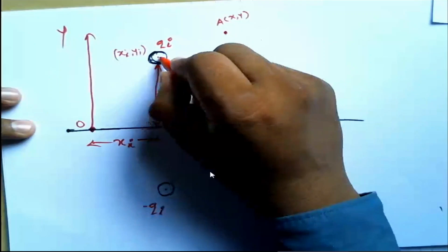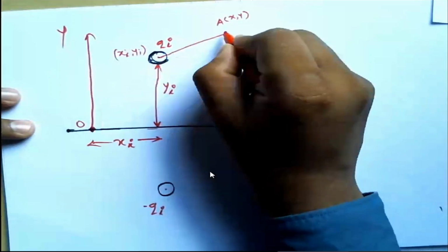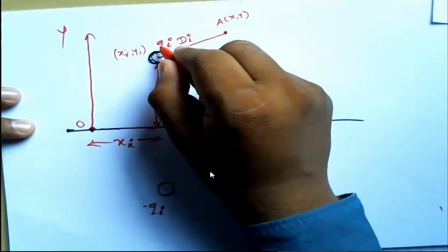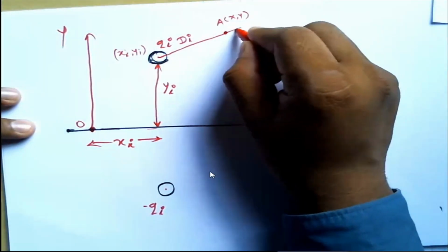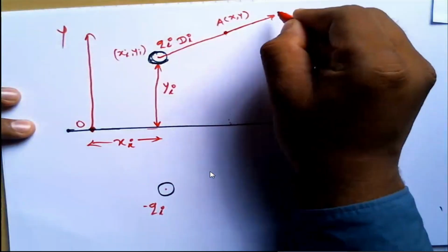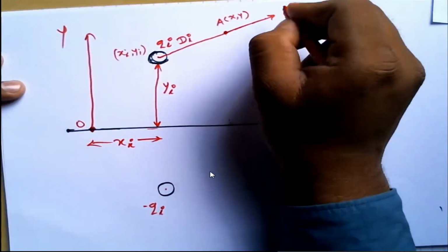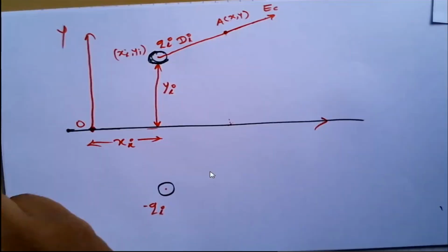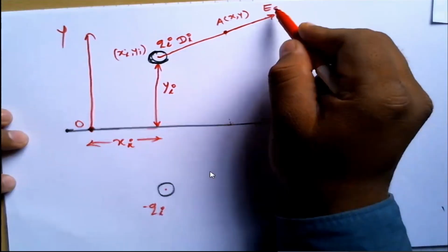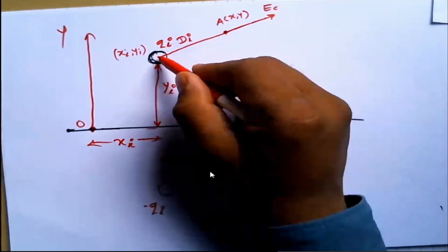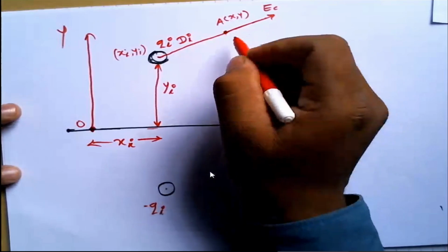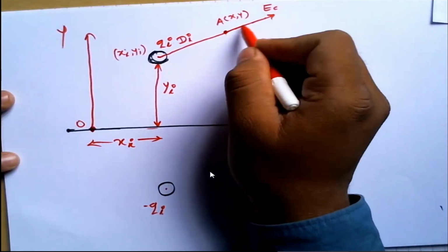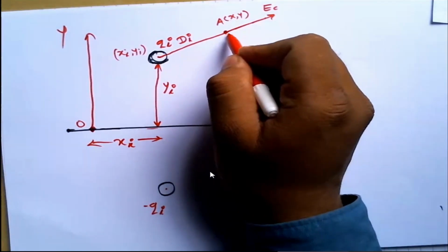So I will consider the distance between these 2 points from the positive charges, it is di, and the field due to this qi will be in the direction of this, and this field is considered as EC. Okay, so EC is nothing but the electrostatic field due to positive charges qi, and for simplicity we are going to divide this field, means how field vector जो आहे EC, it is in horizontal and vertical component.